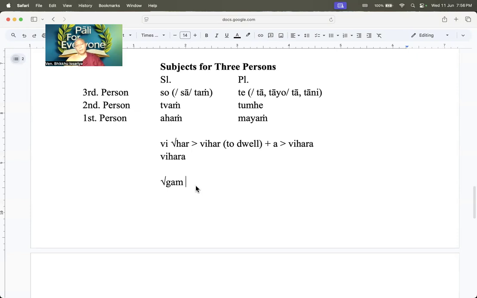But occasionally that one can be changed to gach also. Gam is the primary form, gach is the secondary form. The same meaning, to go.